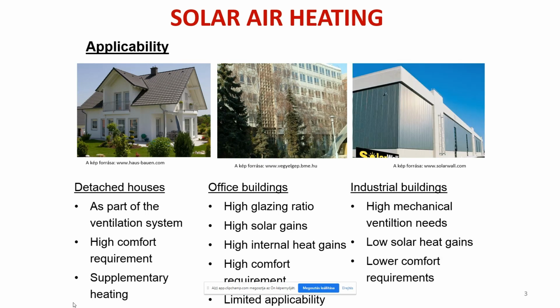However, if you have a look at the third example, industrial buildings, the high mechanical ventilation needs and the low solar heat gains, in contrast with office buildings, and the lower comfort requirements make them ideal for the installation of solar air heating devices.